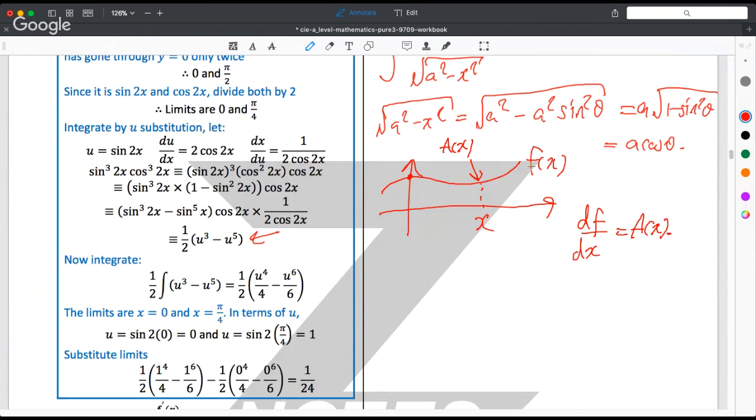So if you differentiate this function, then that gives you the area. You can't really tell here because I've already drawn where the intercept on the graph is. Okay, don't worry about the geometrical interpretation.